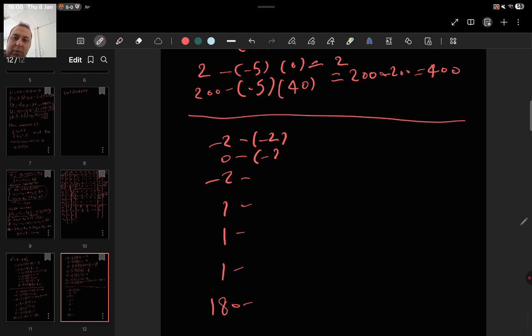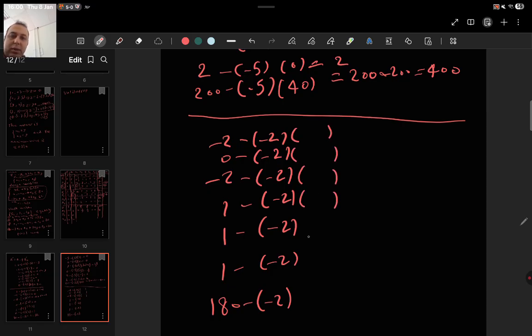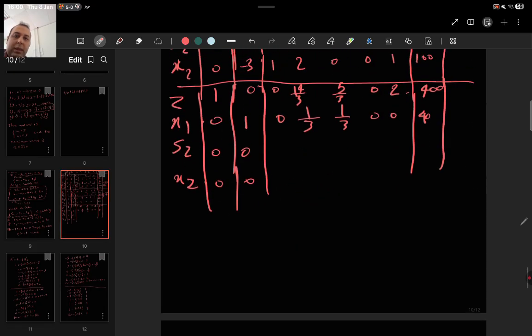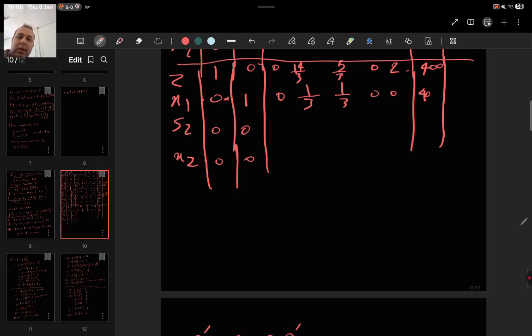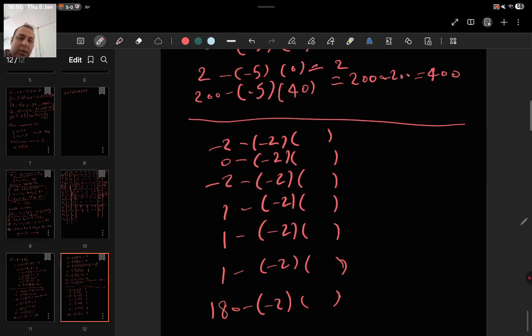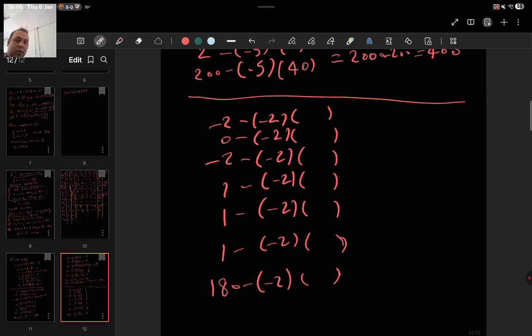Times the new pivot row, which is 1, 0, 1/3, 1/3, 0, 0, and 40.